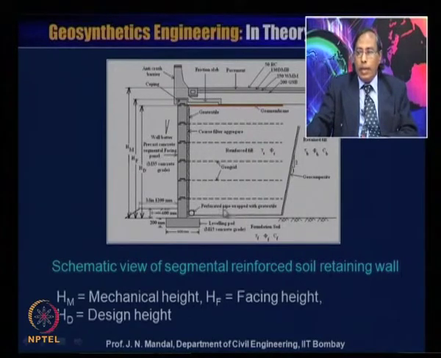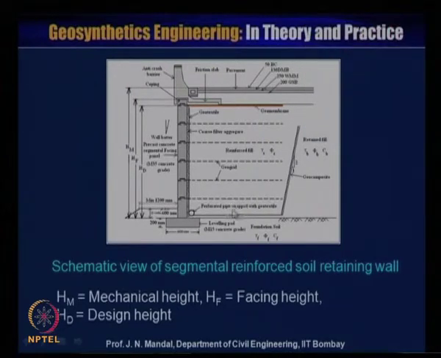And then you provide what is called the drainage system. This is the retained fill, and this is the geocomposite material which will act as drainage, and you provide a perforated pipe wrapped with geotextile material.